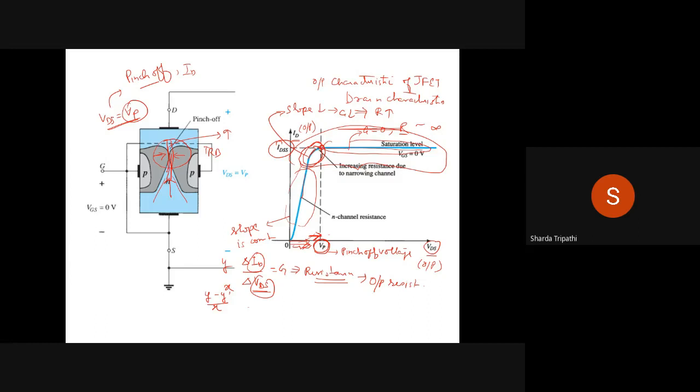तो Vp आने तक जितना current attain हो जाता है, उतना current is maintained for rest of the values of VDS. And of course, this is the desirable region of operation. इसके आगे अगर आप VDS को increase करोगे, then there would be a tendency that the drain current increases abruptly, and this is also known as the breakdown region. So we do not want our transistor to go into the breakdown region.